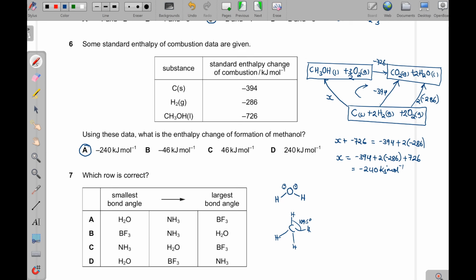Now when we replace this bond angle with a lone pair, for example, this ammonia here has a lone pair here, then we have hydrogen and hydrogen here. Now the repulsion between the lone pair and the bond pair is stronger than between the bond pairs. You see that? So we expect that angle to be smaller.